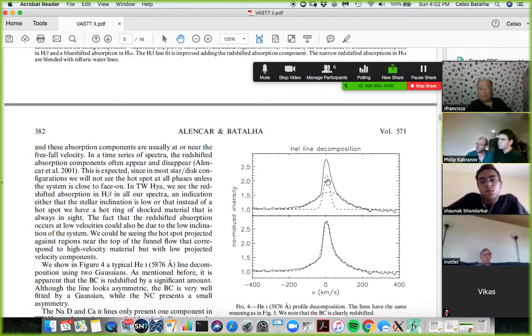But it is rooted to the star, it is not falling, if it is dead centered in 5875.621. That means whatever region is creating this emission is anchored in the star itself. So the star rotates, that thing goes along with the star, and that's why it's centered at rest.